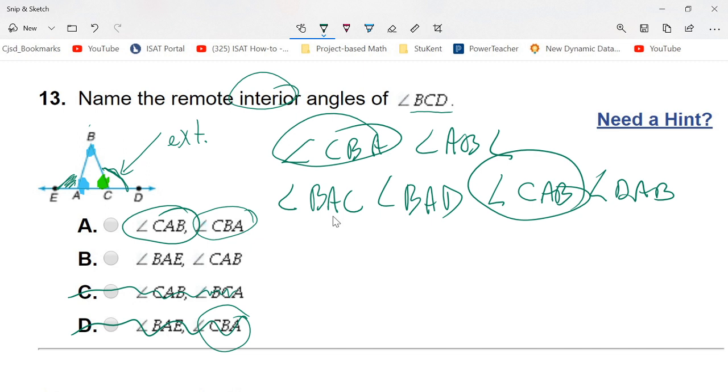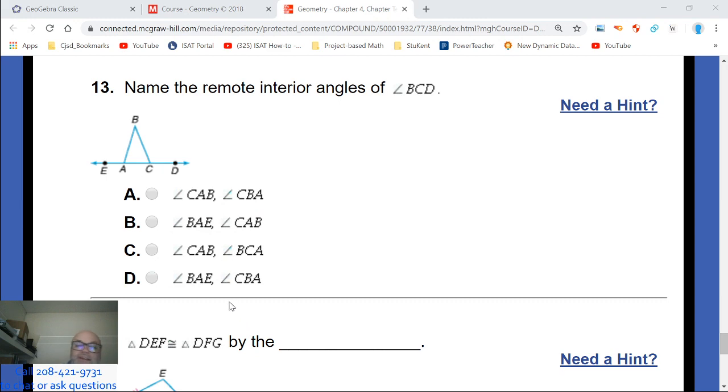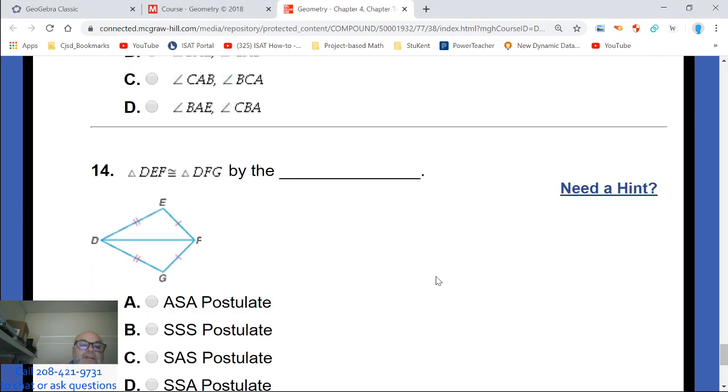It's an exterior angle. We just got to remember this concept. Here's the exterior angle they gave us, BCD. That's the exterior. So this one's adjacent to it, right? So the other two angles are the remote interior angles. Okay, I like that we got a chance to go back over that again, because even when we were doing it a minute ago, I thought, have we spent much time on that? And I think some kids might not be that familiar with it.